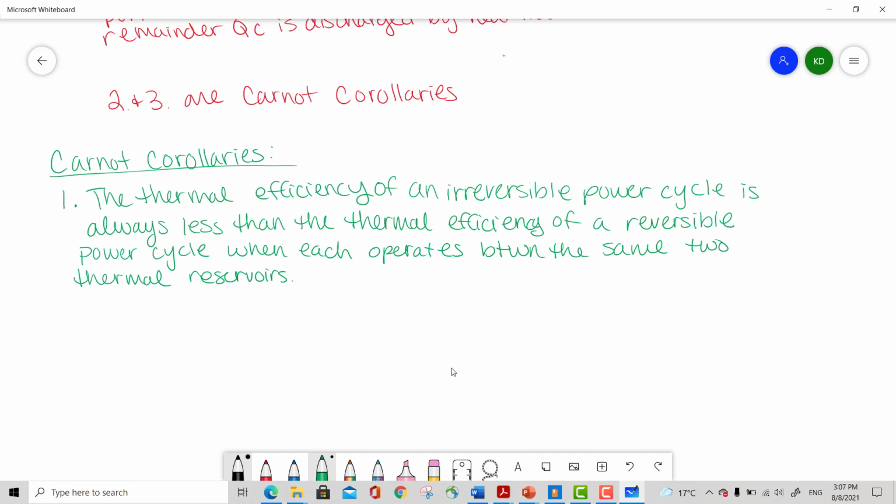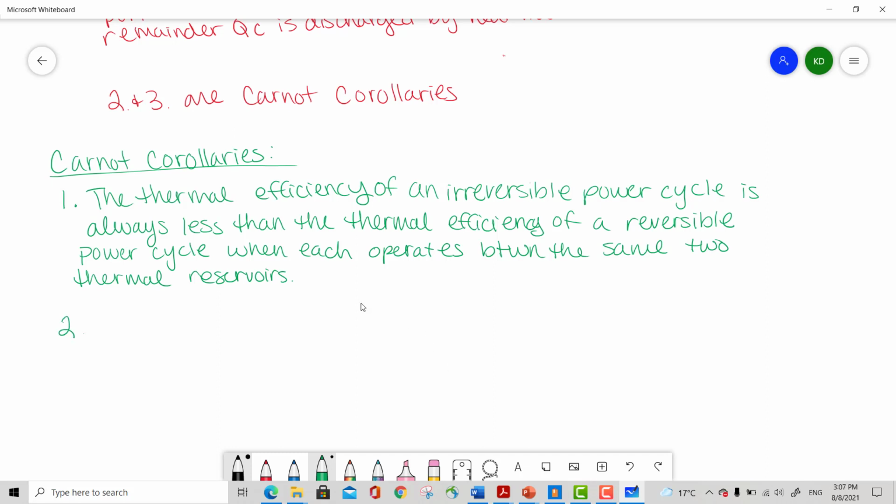There is nothing more efficient or better than a reversible power cycle. So everything else we compare to it is going to be less. That's the other conclusion that we can draw.